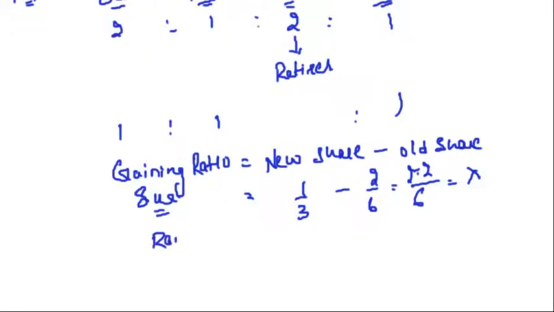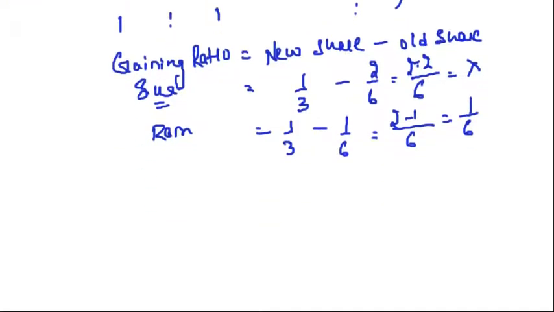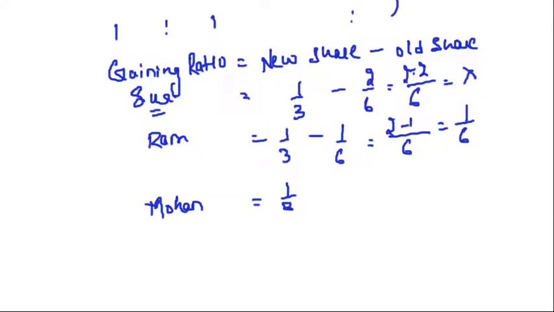Let's see for Ramesh. His new share is 1 by 3 and his old share is 1 by 6. Yes, he is gaining 1/6 share, right? For Mohan, the new share is 1 by 3. The old share is 1 by 6.